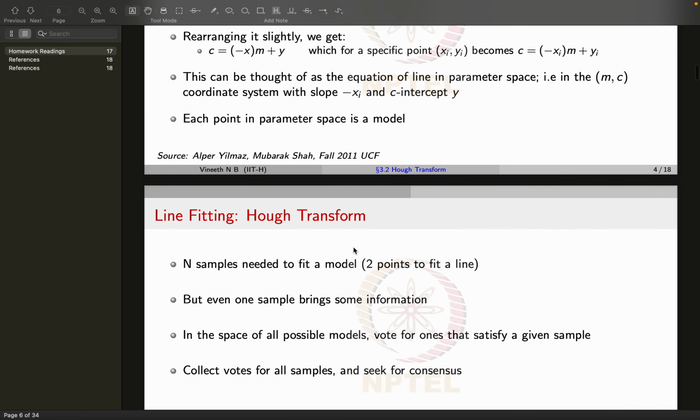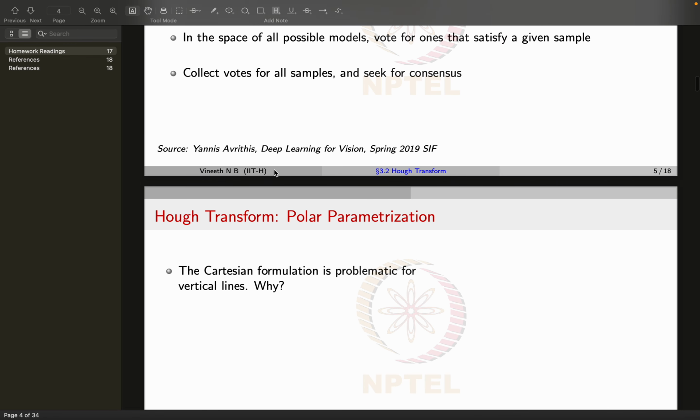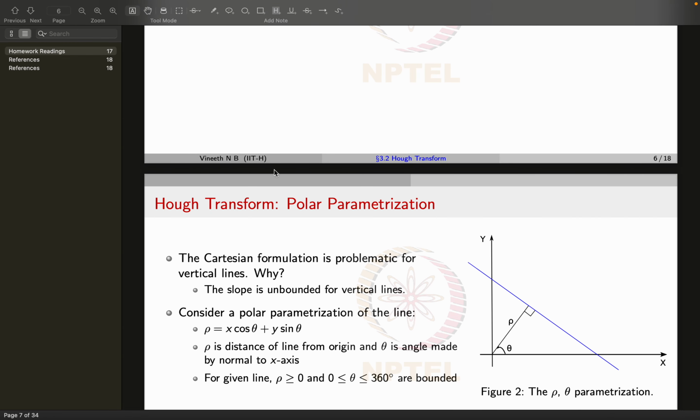When I'm going from the line space to the parameter space, for vertical lines the slope is unbounded, which I can't represent in the parameter space.